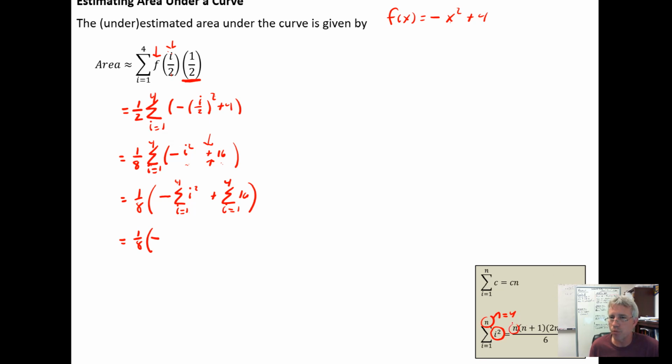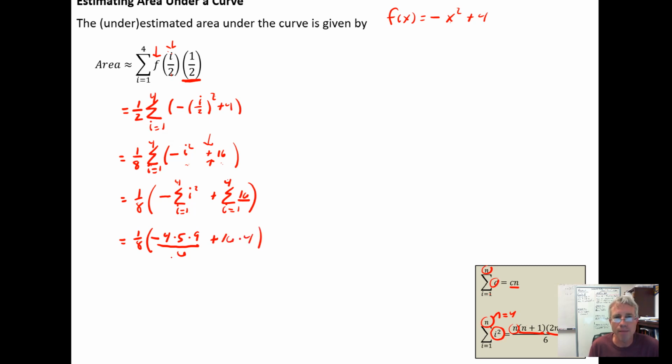So I'm going to get 4 times 4 plus 1 is 5 times 2 times 4 plus 1, is 2 times 4 is 8 plus 1 is 9, all over 6, plus, and then I have the sum from i equal 1 to n of a constant equals the constant times n. So the constant here is 16 and n is equal to 4, so we just get 16 times 4.